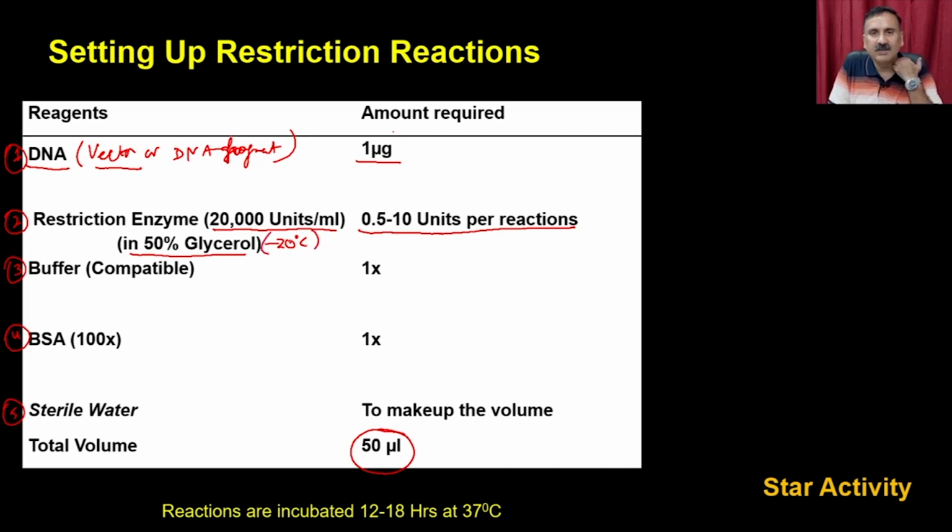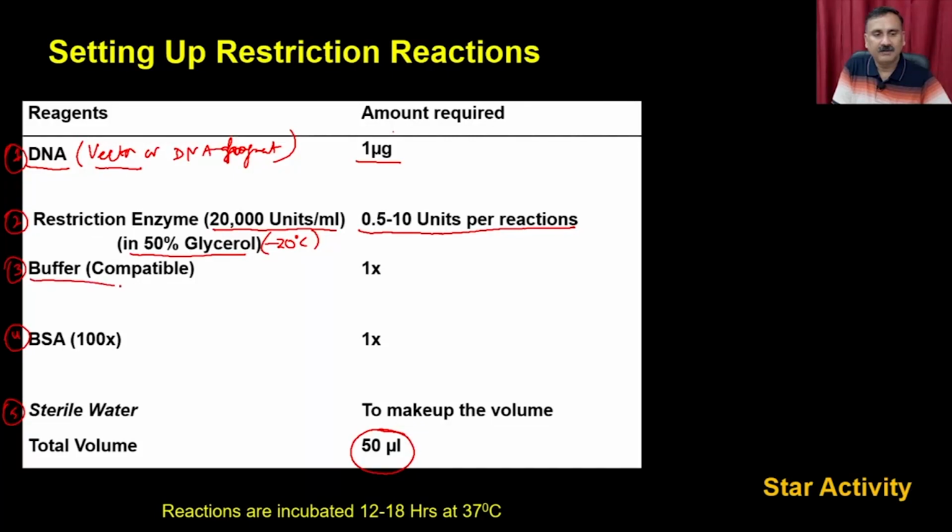They are always kept in 50% glycerol so that they do not freeze. Because if you do repeated freezing and thawing of your enzyme, it is going to deactivate or reduce its activity. Then you also require the buffer in which the activity of these enzymes is very high. These buffers mostly contain ATP and other kinds of molecules, and they also have a specific buffer and pH, so that they can give you 100% activity.